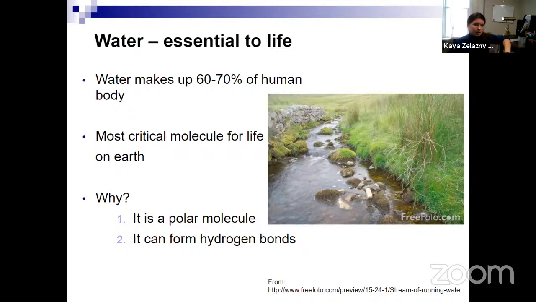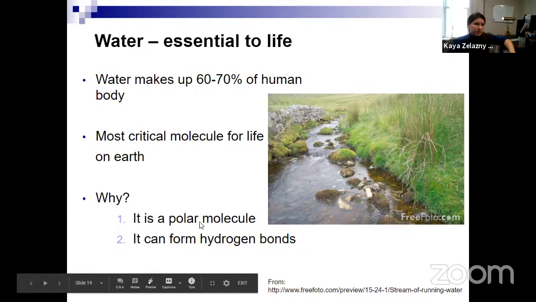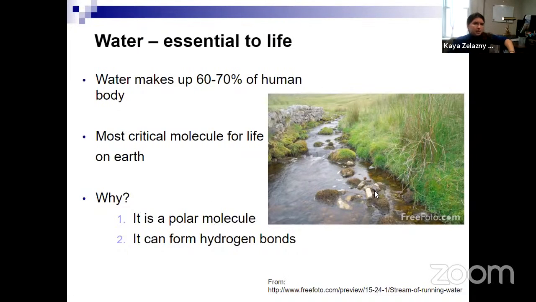In other classes, you'll probably learn a lot about all the neat things water can do with its hydrogen bonds, like create surface tension and have capillary action. We're not going to talk about that right now because we're talking about cells. But this is really important to the way water behaves in life, these basic chemical properties.